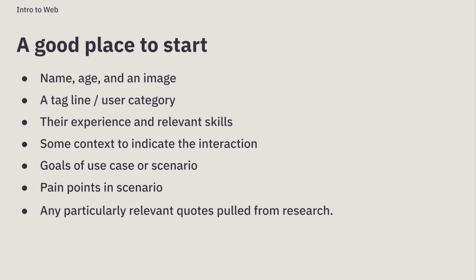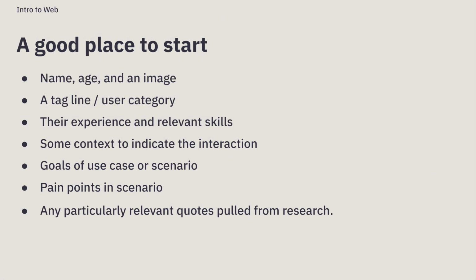A good place to start if you're not sure what's important to include is a name, an age, and an image, just to kind of make this thing human. A tagline or a user category in order to describe that type of user. Include their experience and relevant skills.